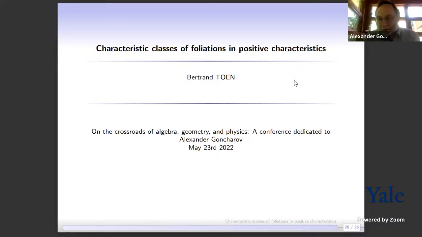And so listening to you, I would suspect that something like this happens in positive characteristic. And here's a guess how it might go. First of all, what you did, you said we are talking about an extension of Bott's vanishing theorem. So you need to have a foliation, and you explained that characteristic classes for degree bigger than twice the codimension of a flat bundle along this foliation are zero in de Rham cohomology. Now, in finite characteristic, let's consider the analog of the Deligne cohomology, which is syntomic cohomology.